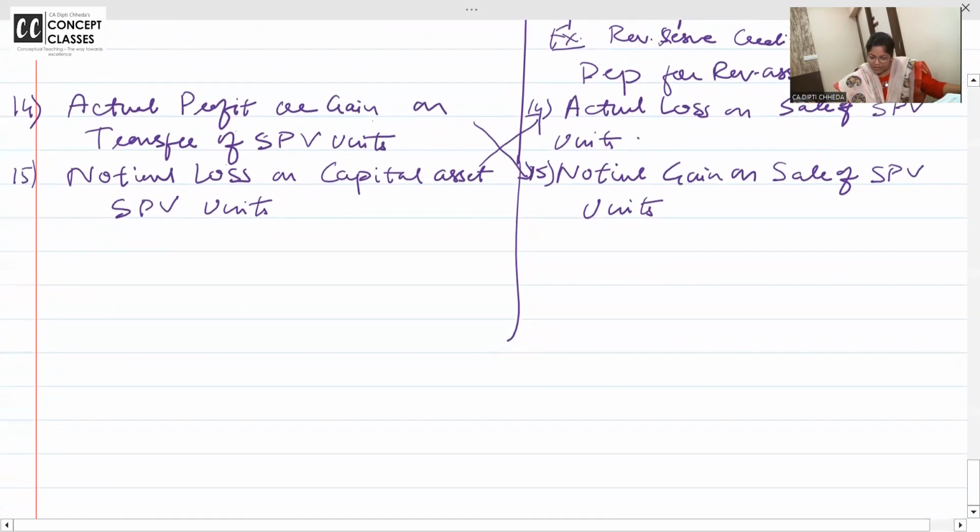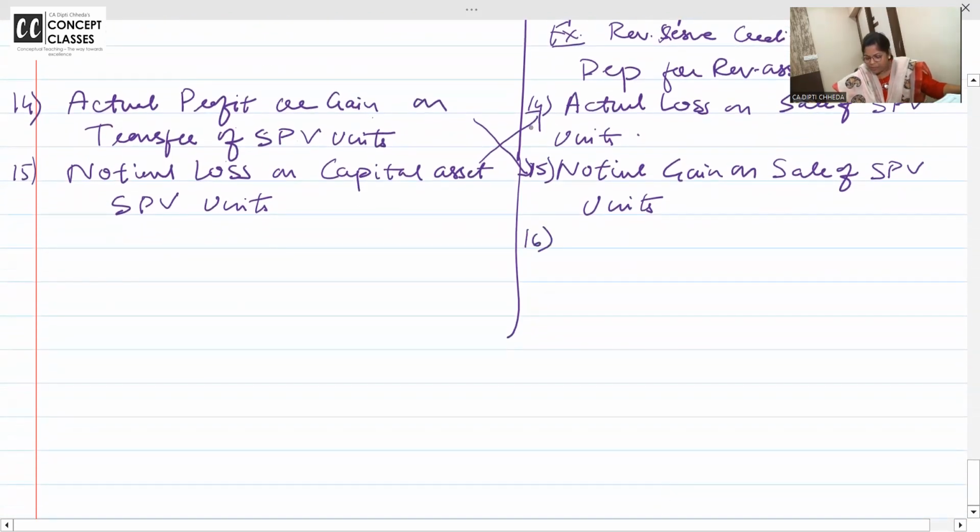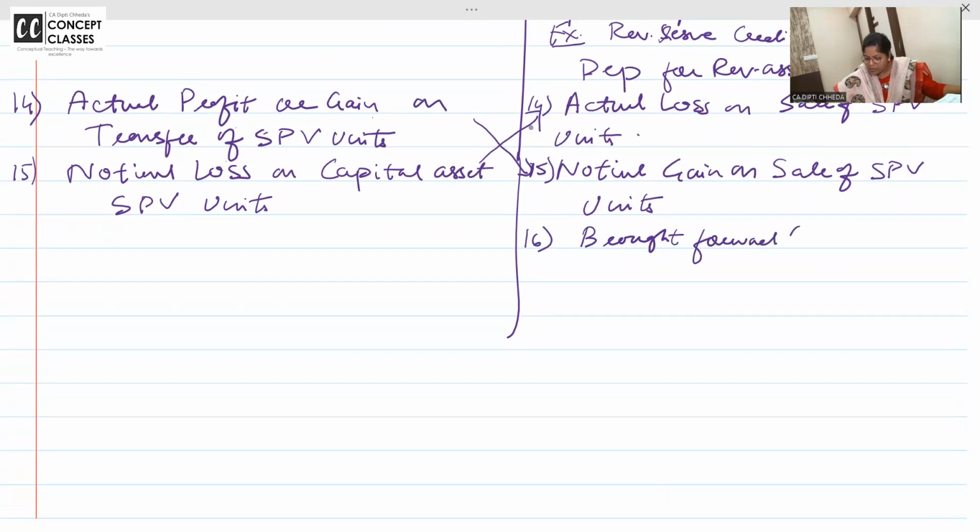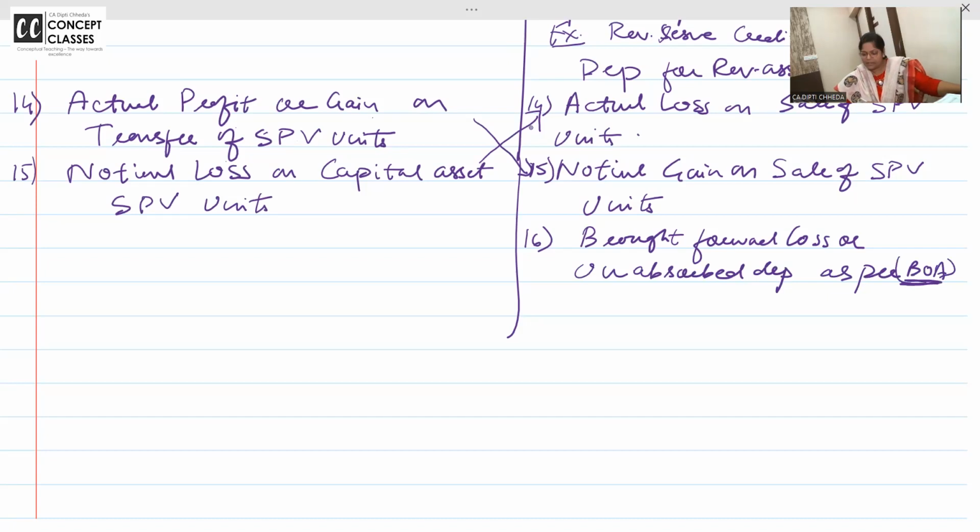Now something which again comes in every problem. Brought forward loss or unabsorbed depreciation as per books of accounts, double underline this.